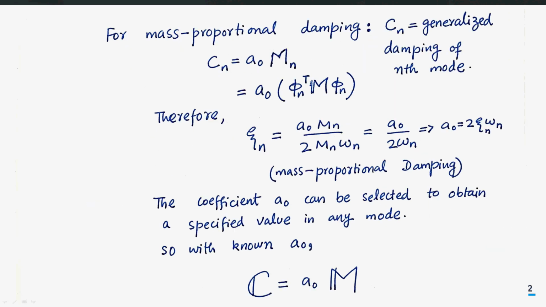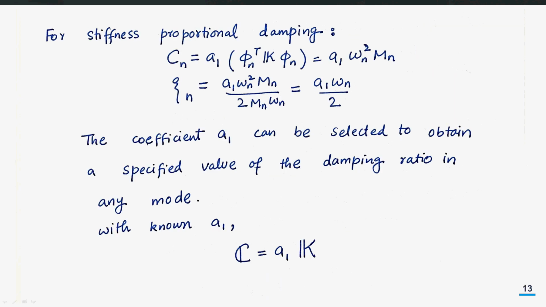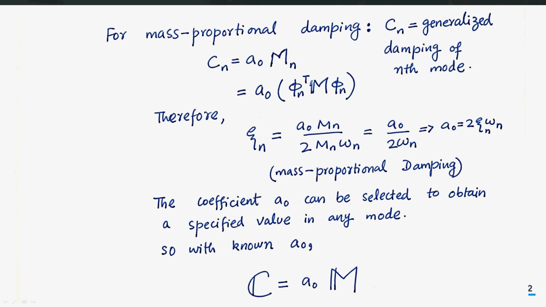Let's first consider the mass proportional damping, where the generalized damping coefficient would in this case become A sub 0 times the modal mass mn of that nth mode.